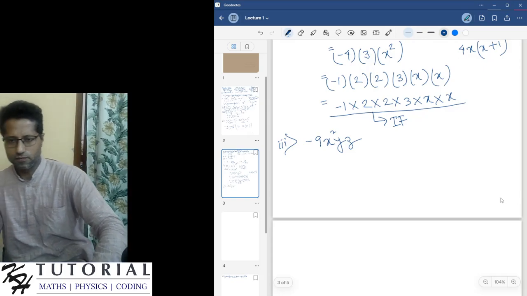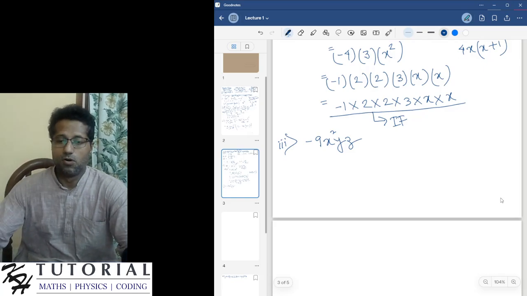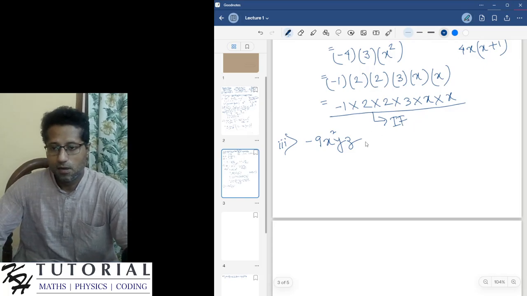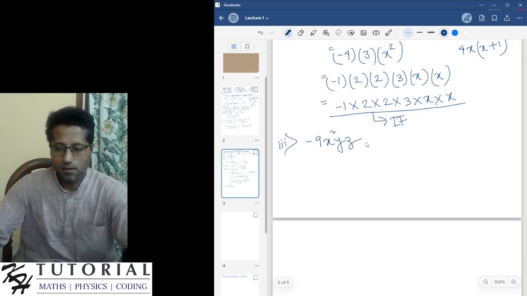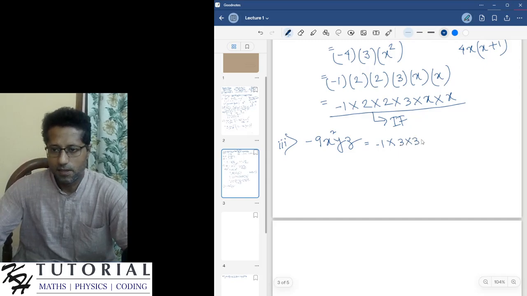If this is a factor of some algebraic expression, this factor is not an irreducible factor. Now I am directly writing the irreducible form of the factor. So this will be minus 1 multiplied by 9, which is 3 into 3, and then x square has to be written as x multiplied by x, and we have y multiplied by y.